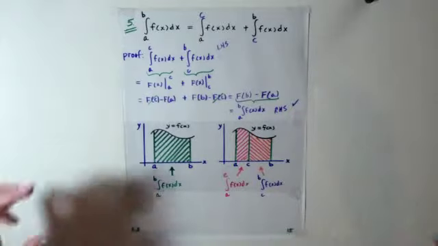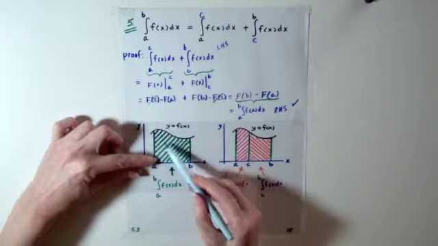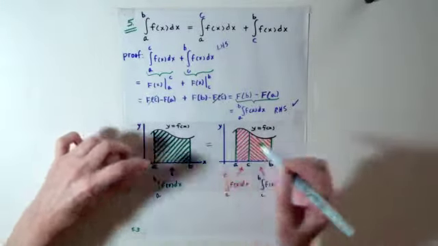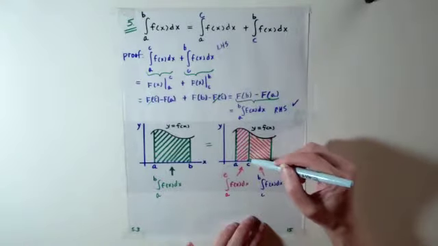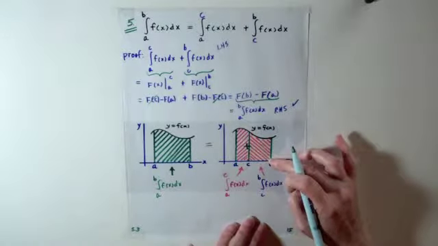Well, what can I say when I look at the picture about these areas? It certainly looks as if this entire area here would be exactly the same as this red shaded area plus, I'll put a big plus sign here, plus this orange shaded area.